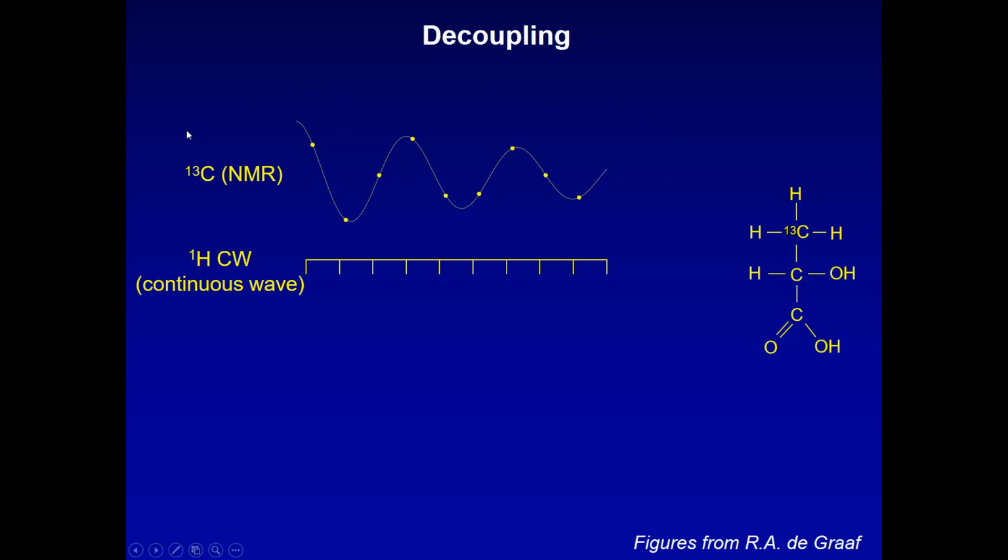Now, how do we manage to collapse those peaks as multiplets into one? Here, if we want to observe the carbon-13 spectrum, so each dot may be one observation, and we decouple protons, one approach is continuous wave decoupling, where we're applying radio frequency to these protons that are coupled to the carbon-13.